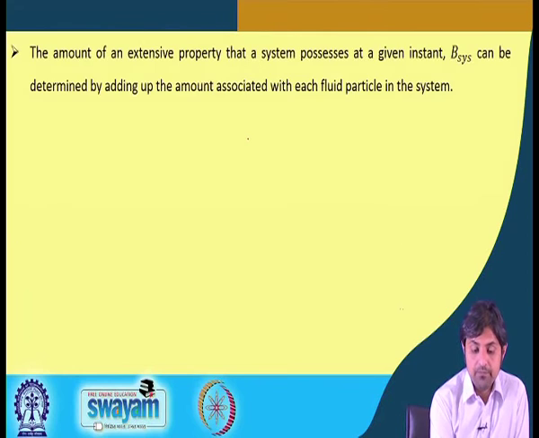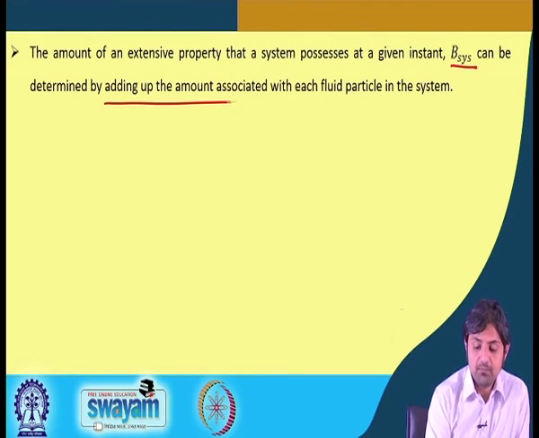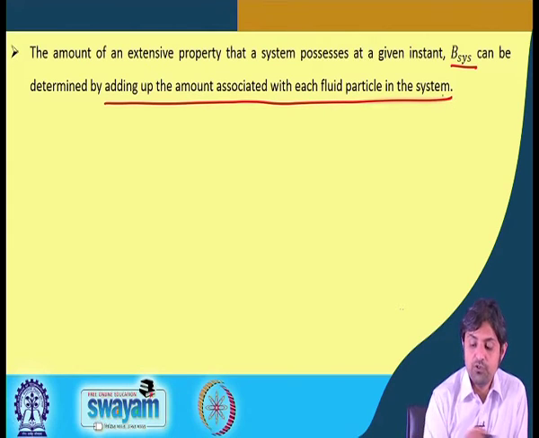The amount of an extensive property that the system possesses at a given instant is B_sys. So, B_sys is the amount of the extensive property that a system will have at any given instant, and how can that be found out? It can be determined by adding up the amount associated with each fluid particle in the system. It is very simple.